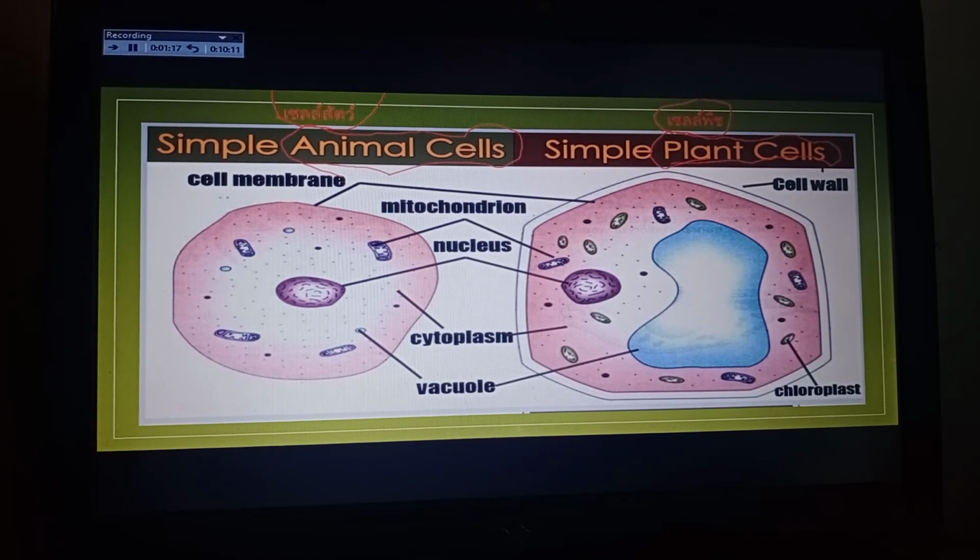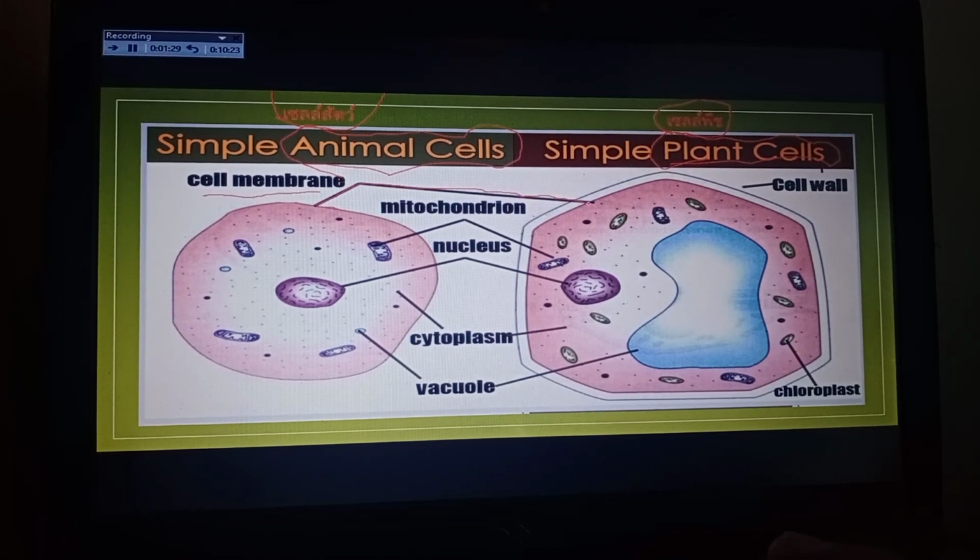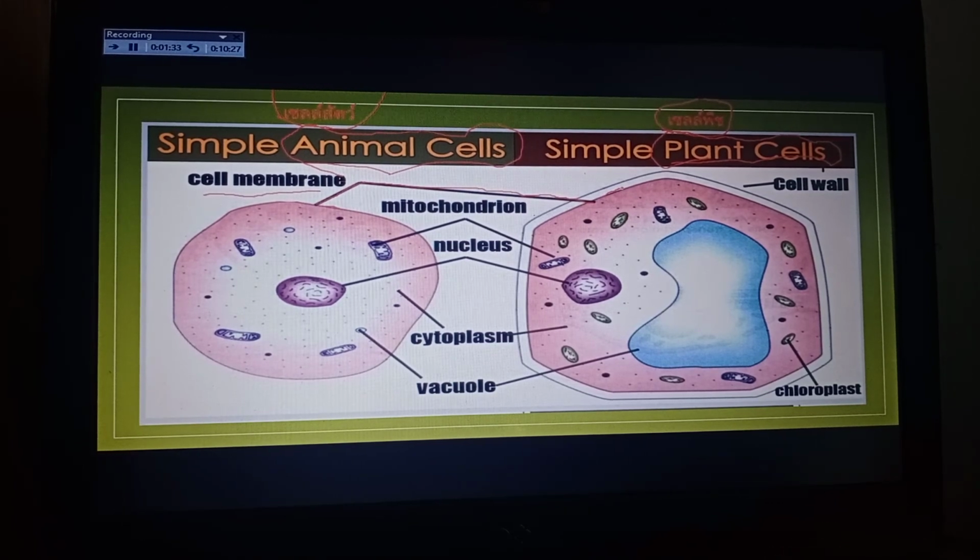meaning the cell membrane. This one is your cell membrane, this line. They are connected also to the cell membrane of the plant cell. This line as well is what we call cell membrane. Again, it's cell membrane.